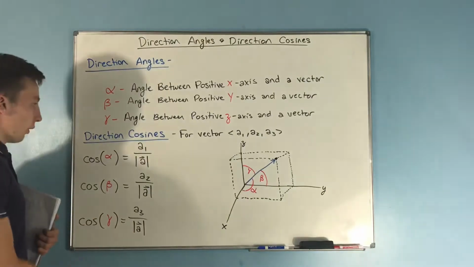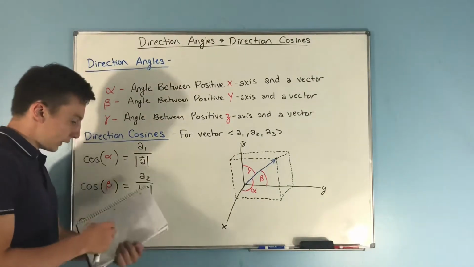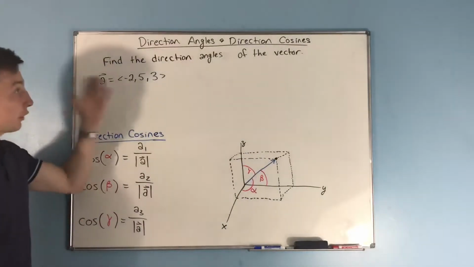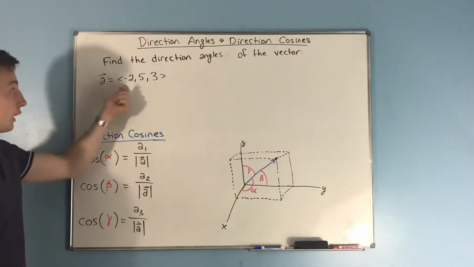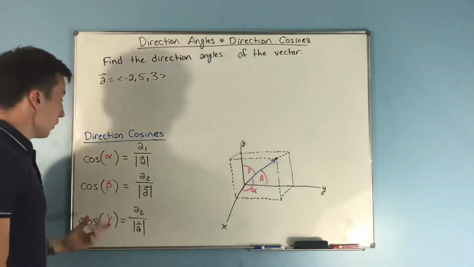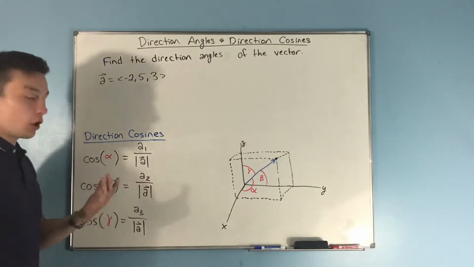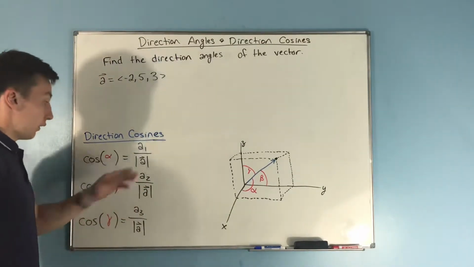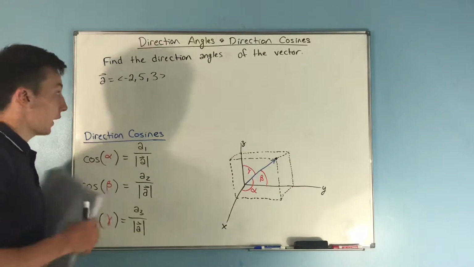Okay, so we're just going to do a quick example here, and that'll be it. So we're asked to find the direction angles of the vector -2, 5, 3. Okay, so all we really need to do, you can see from our direction cosines, is find the magnitude of a, of our vector.